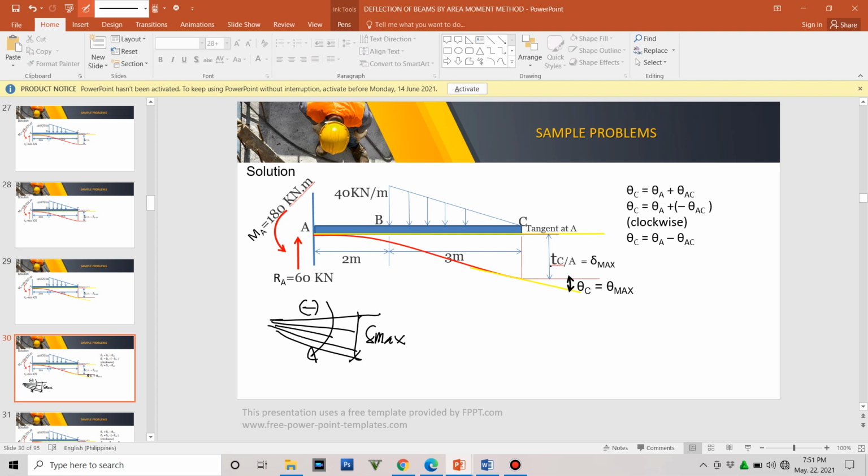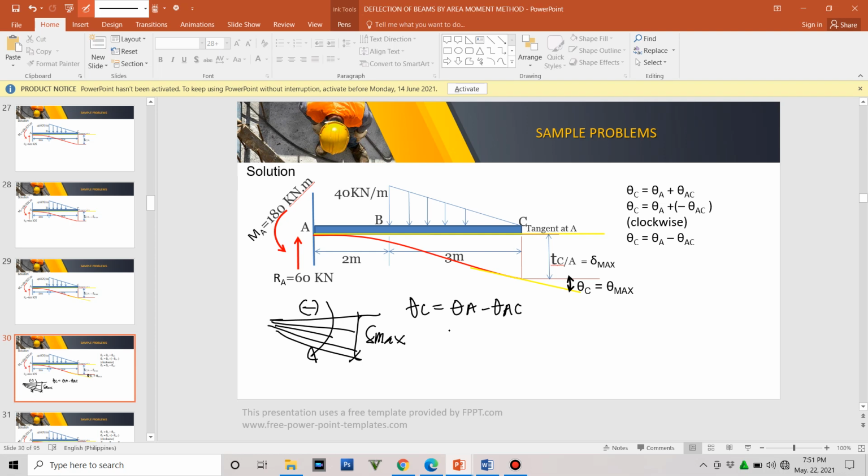Now, to simplify this, so you won't be confused. Looking at the equation, theta C is theta A minus theta AC.